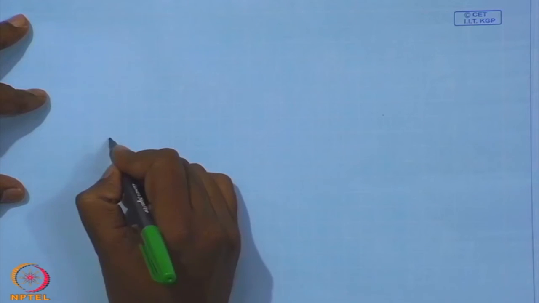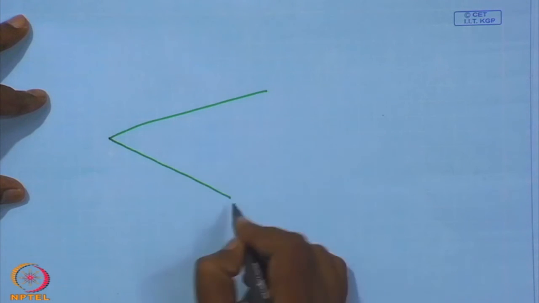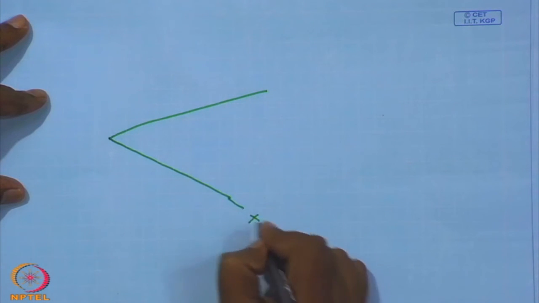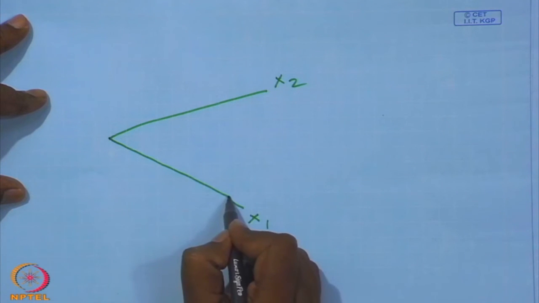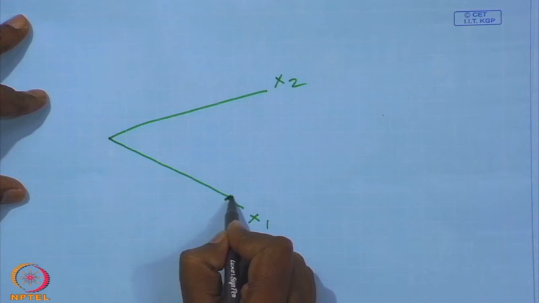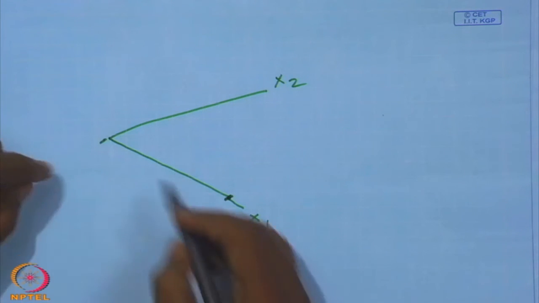So, once I have that, let us put the x 1 x 2 plane like this. This is x 1, this is x 2. Let us assume that this is the maximum value of x 1 and this is the minimum value of x 1, so it is 0 to maximum.